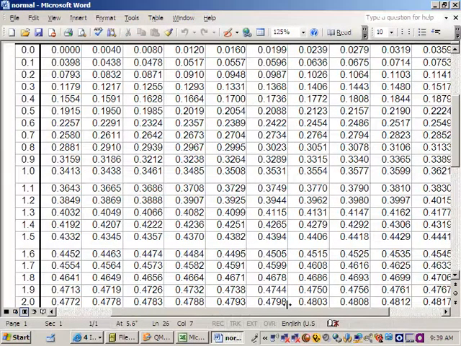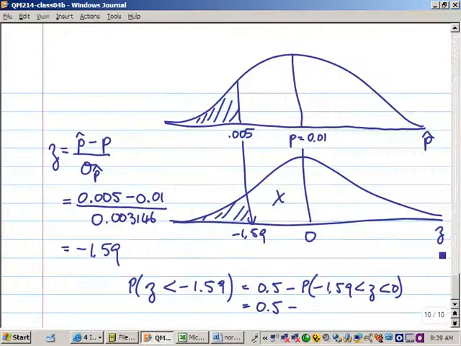And let's scroll down, minus 1.59 is that value there, 0.4441. The answer to that is 0.0559. Okay, it's just above 5% probability.